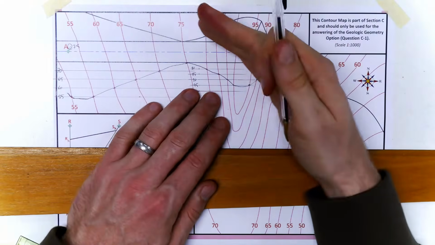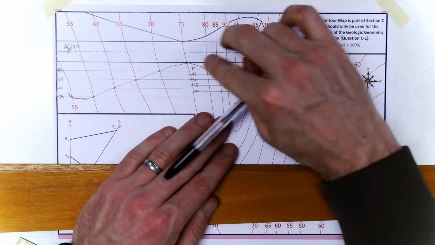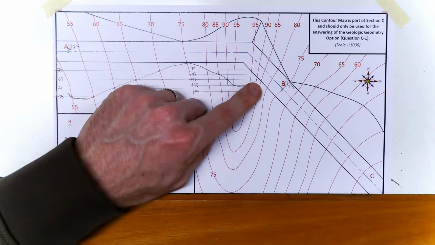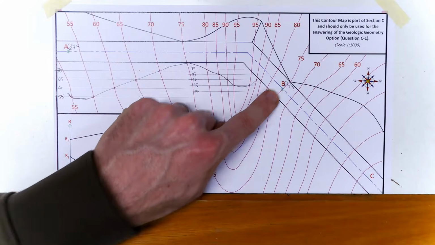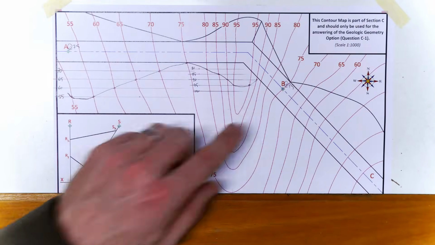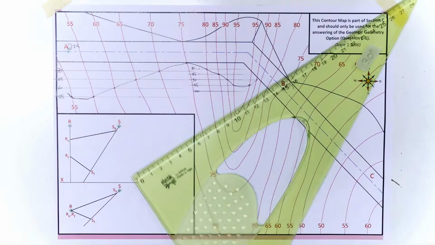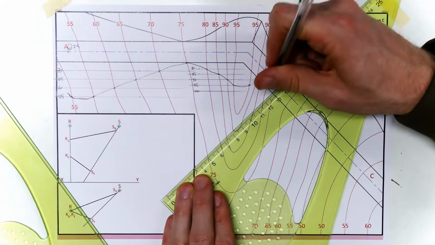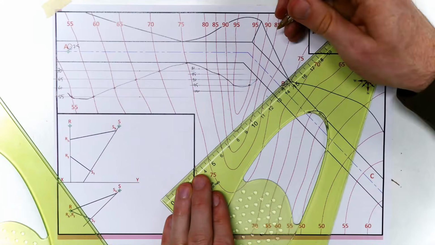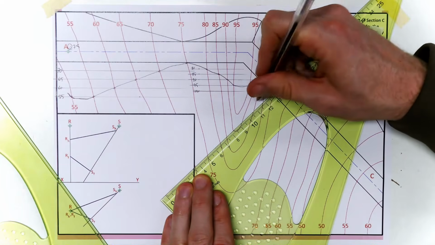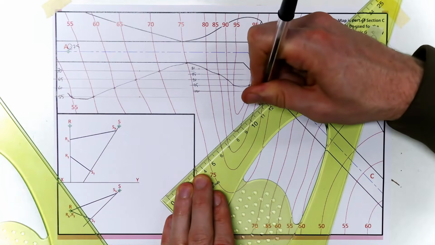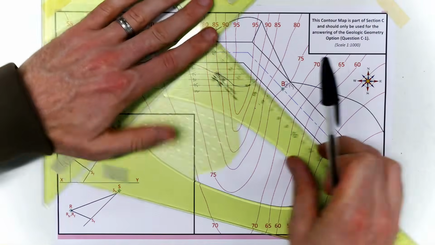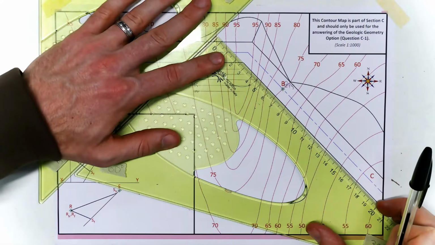Now the angle of the road changes. We get to here and we change direction. So that cut is still carrying on as far as here at B, because B is at 75. So we need to measure out in 5 meter intervals here as well. So my 80, 85, 90, 95. There's nothing more than 95. Okay, I'll use sliding set squares then.